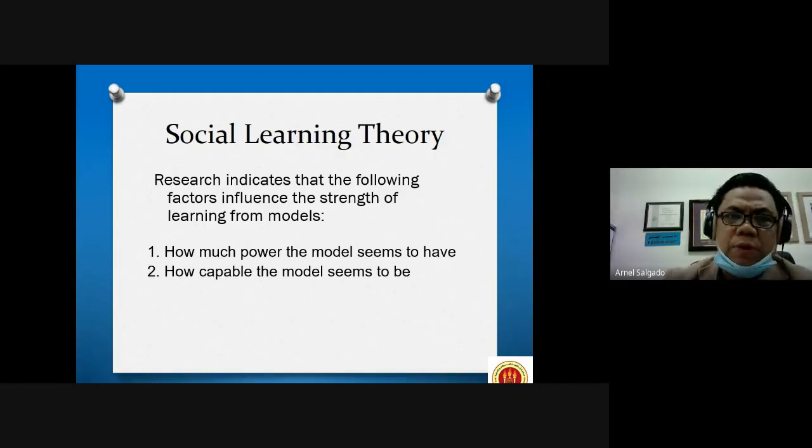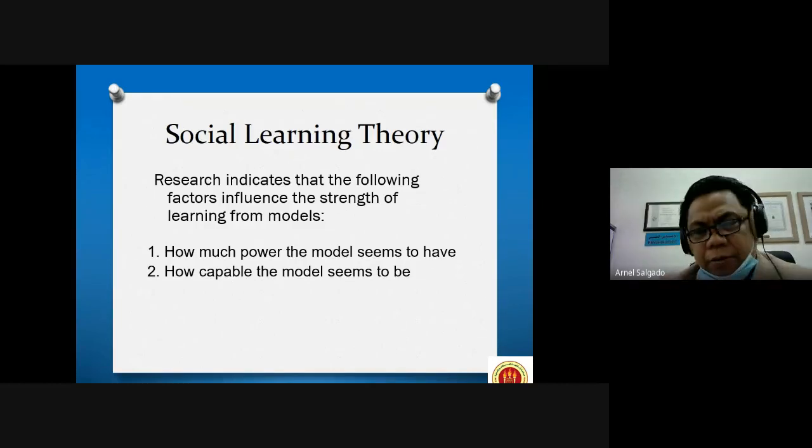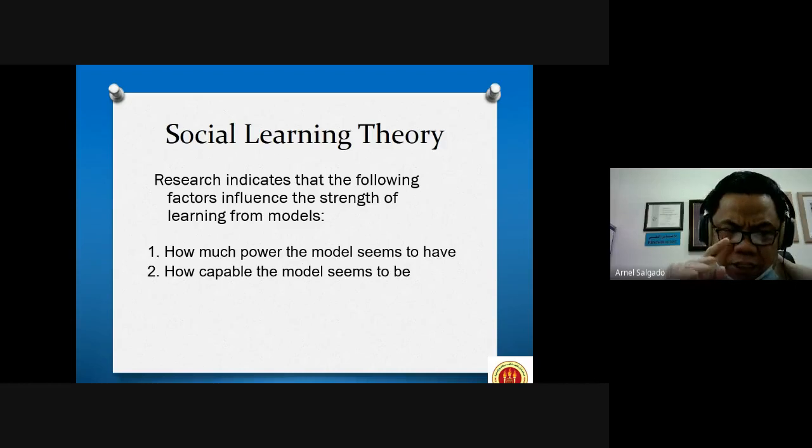They are being influenced by the mere fact that the teacher displays skill and knowledge, almost holistic, in everything. So the student will admire the teacher. The student will look upon the teacher because the teacher is always capable. That's number two. Number one, teachers are very powerful, so they can always influence, make or break the student.